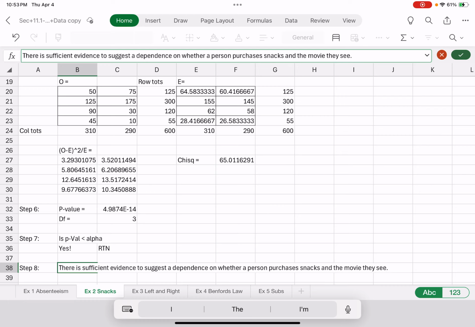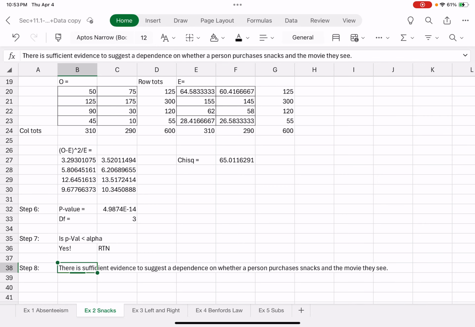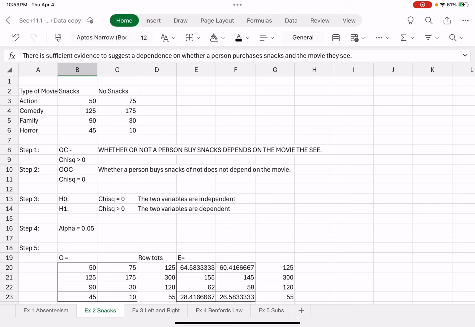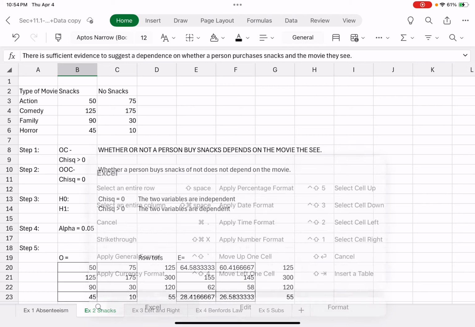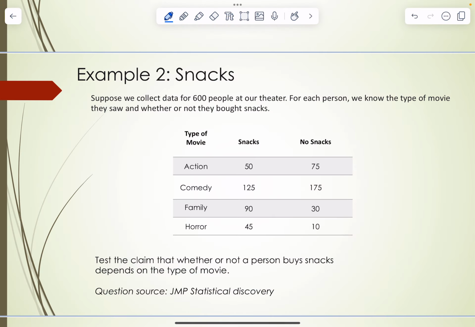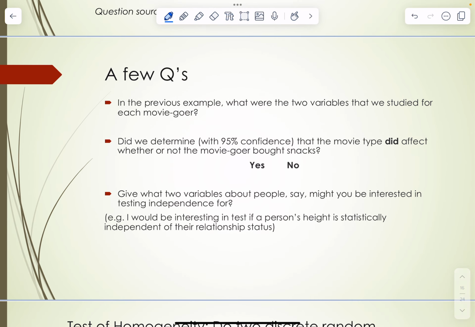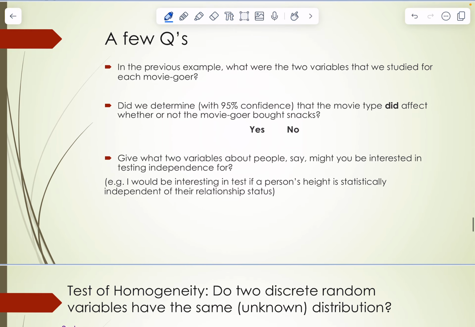All right, great. Okay. All right, let's go to the next thing now. All right, so there was a dependence there. Here are a few more questions for you to answer.